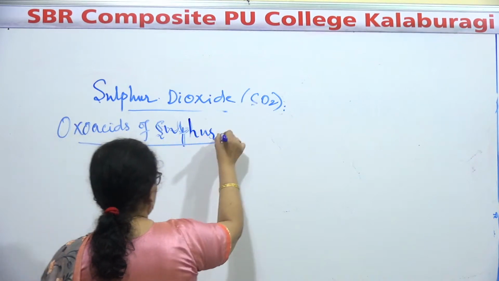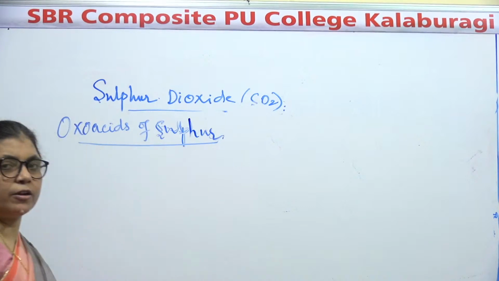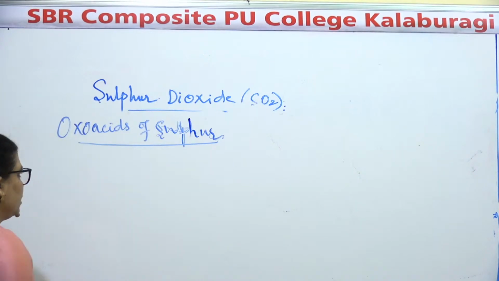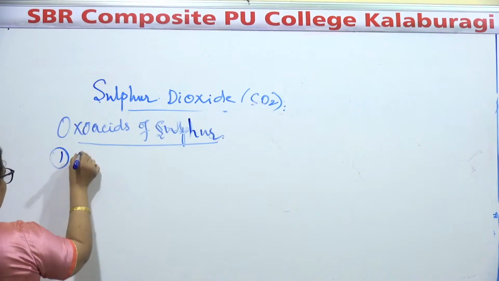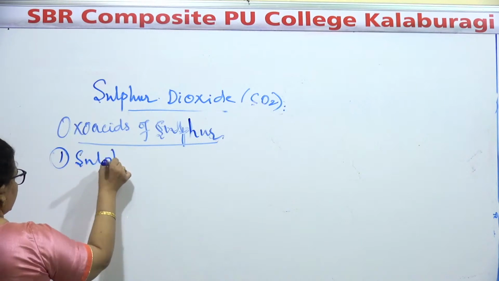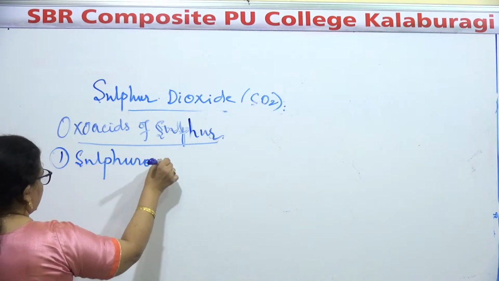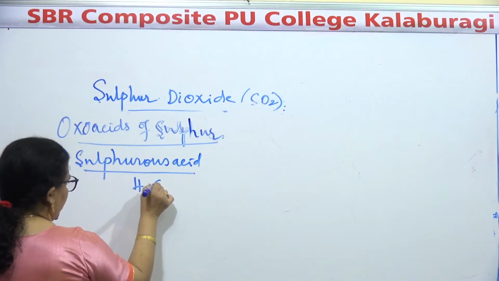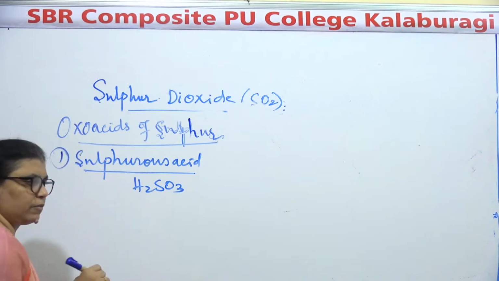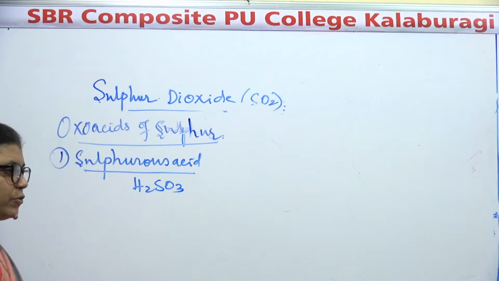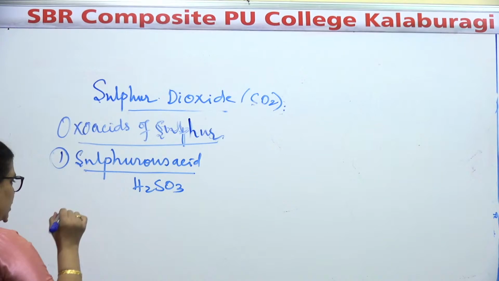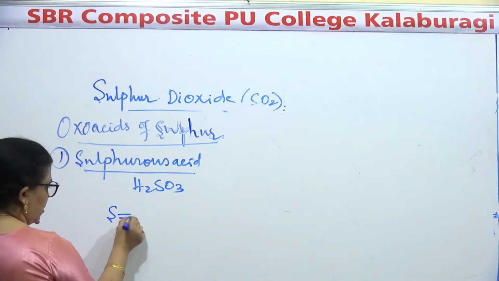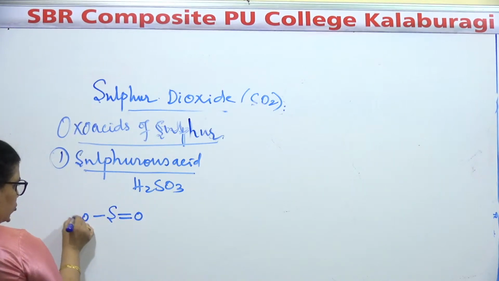As I said, in the updated syllabus they said to write only the structure. First example, sulfurous acid, H2SO3. Sulfurous acid is what, children? Sulfurous acid is H2SO3. S double bond O, and OH.